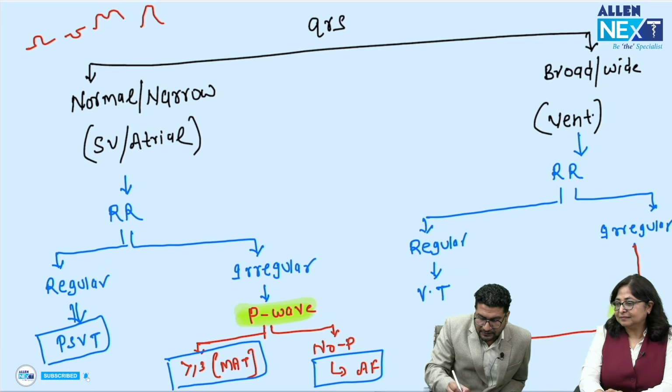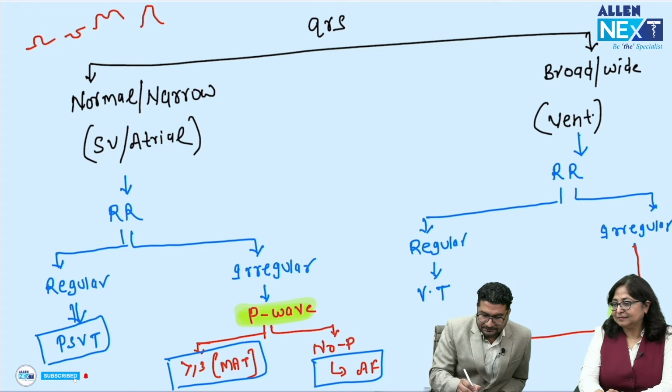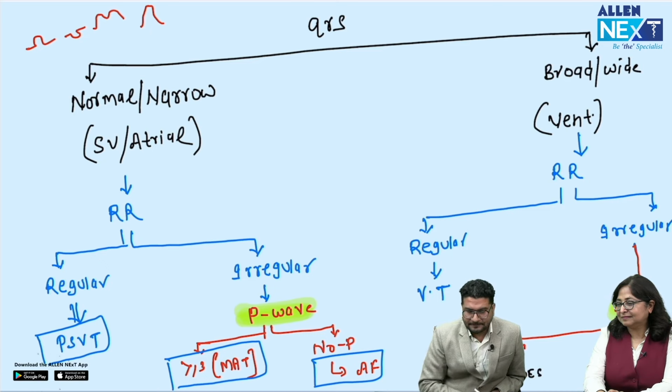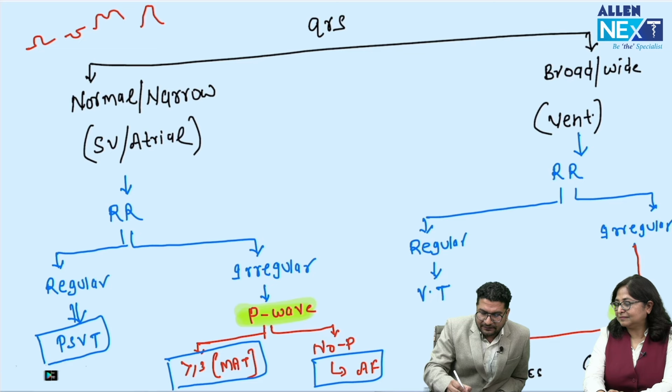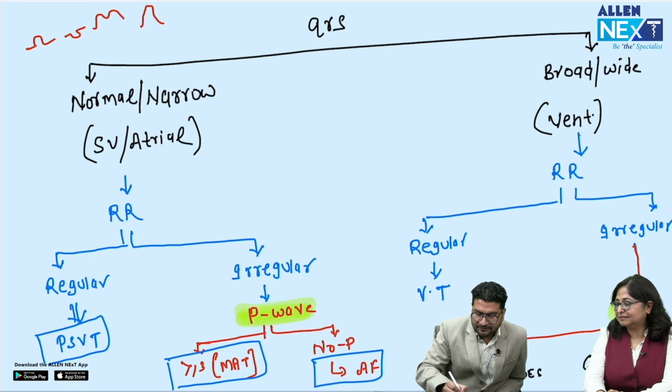When you see more than 3 types of QRS, this is called torsades de pointes. We also call this a ribbon pattern in ECG. And if it is unidentifiable, it means it is merged with P wave. We call this ventricular fibrillation.